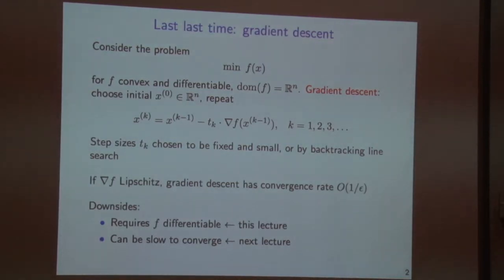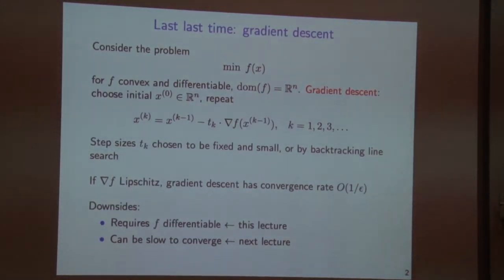If the gradient was Lipschitz continuous, we showed that if the step sizes were chosen to be less than or equal to 1 over the Lipschitz constant L, then this converges to the solution with a convergence rate of 1 over epsilon, which means that the number of iterations needed to achieve an error of epsilon in terms of the criterion value scales like 1 over epsilon.